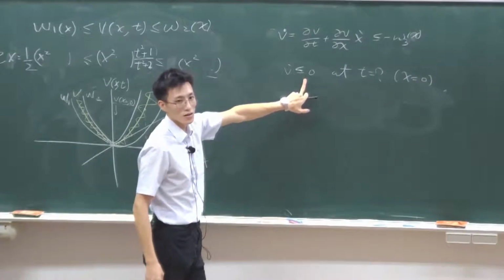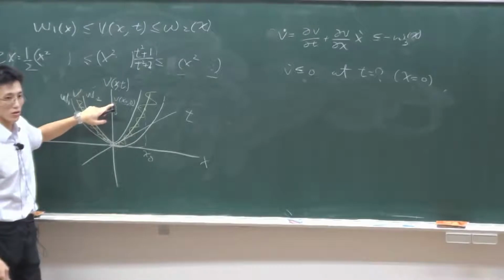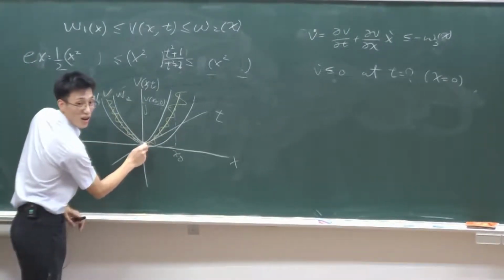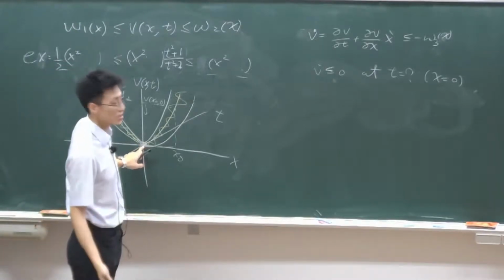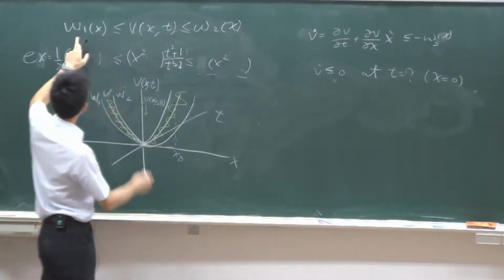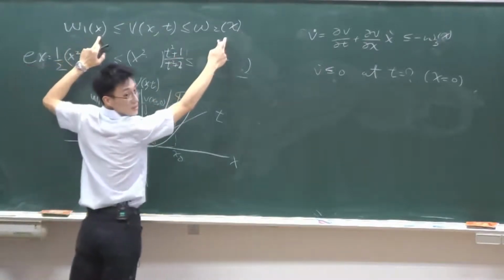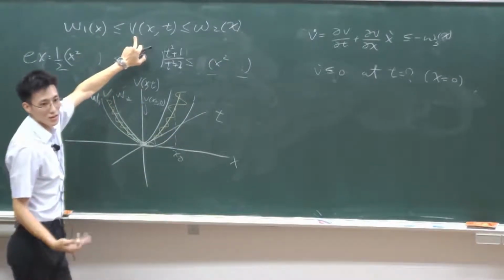Okay. So when will it start decreasing? Only when x equal to 0, right? So when x equal to 0, what is this? 0. And its upper bound is 0. So V must be 0.